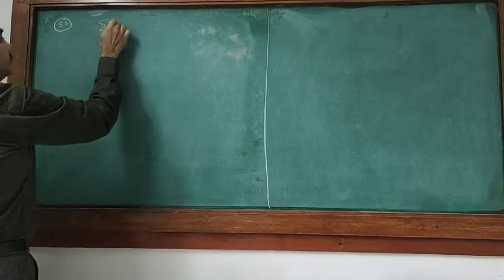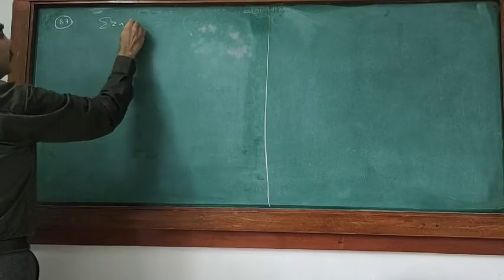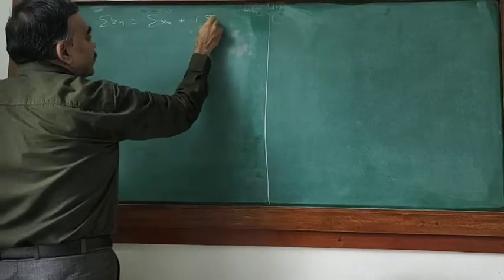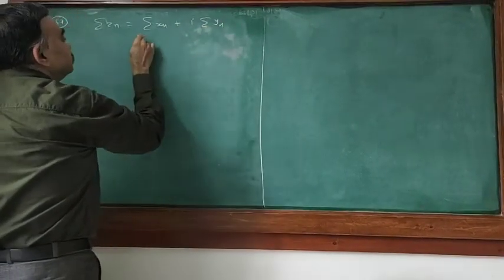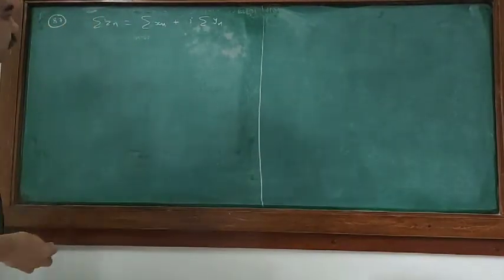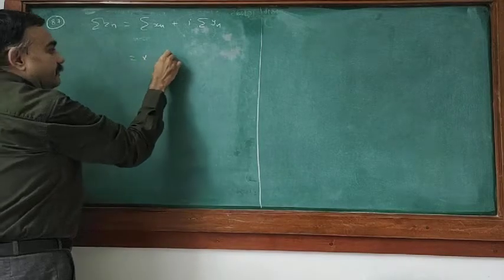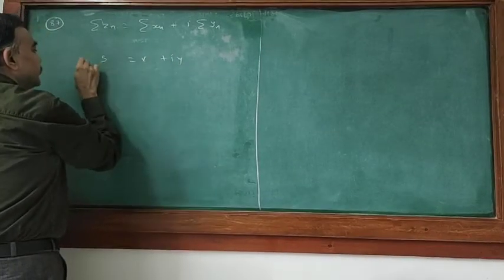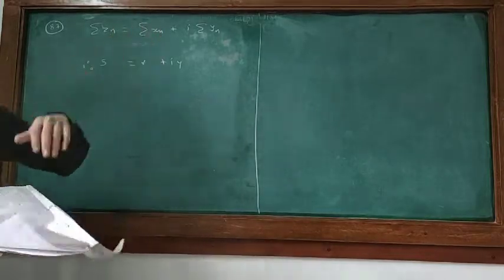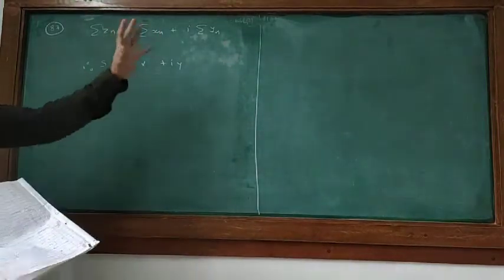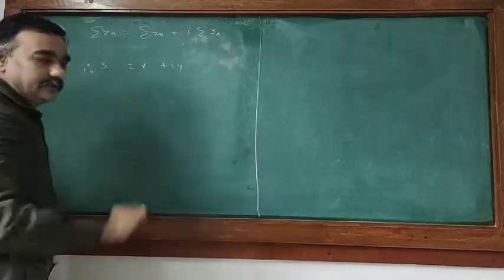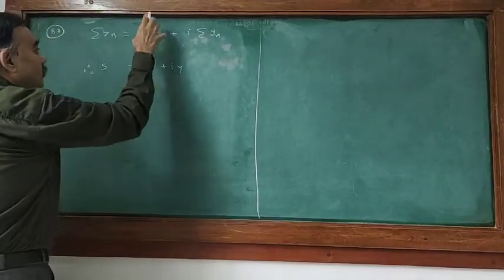Here we have sigma Zn equal to sigma xn plus i sigma yn, obviously n running from 1 to infinity. This is x plus iy, and this is S. Now the central idea of this topic is that if this is convergent, both of these are convergent.